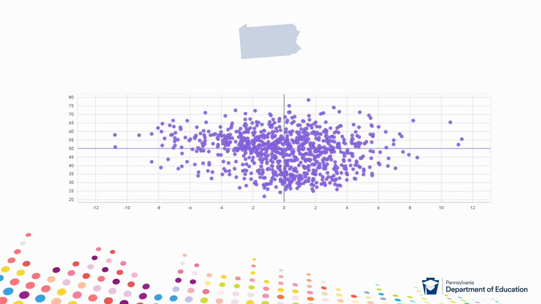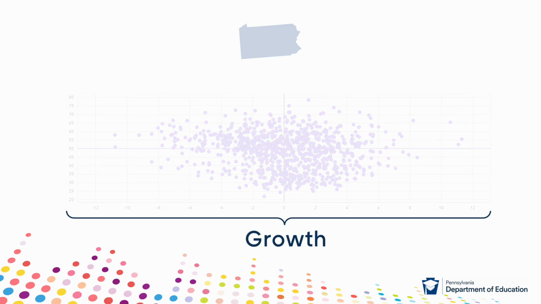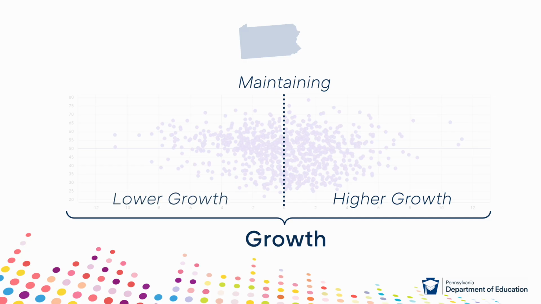On the horizontal axis, we see growth for that same group of students. Those right in the middle, at around 0, are students maintaining. Those above 0 are showing higher growth, or gaining. And those below 0 are showing lower growth, or falling behind.